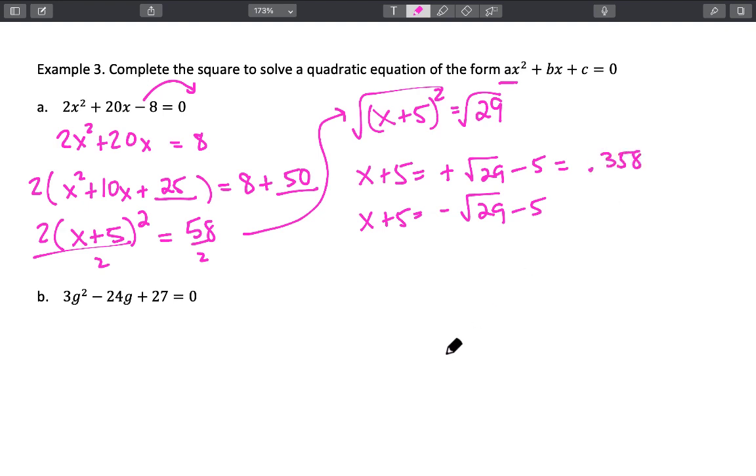And then we have the negative square root of 29 here, minus 5 more, and that's going to give us negative 10.38. All right, so check those on your calculators as well. But those are our 2 solutions for this quadratic equation, 2x squared plus 20x minus 8 equals 0.